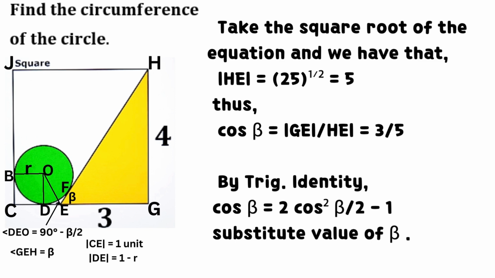By trigonometric identity, cosine beta equals the product of 2 and cosine square half of beta, minus 1. Substitute the value of beta.